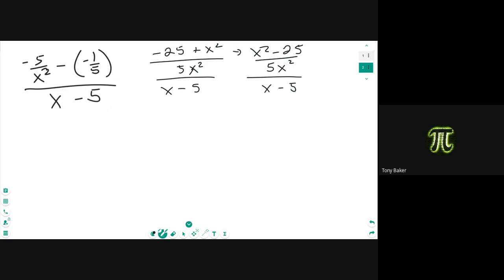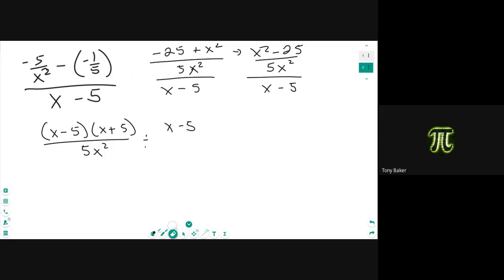So far, so good. Now we can factor out that top piece. So my top is going to be x minus 5, x plus 5 over 5x squared divided by x minus 5.